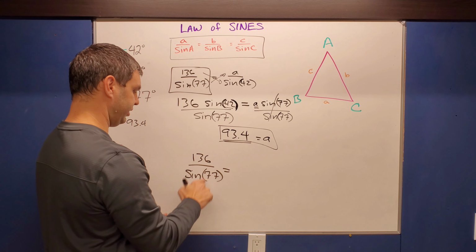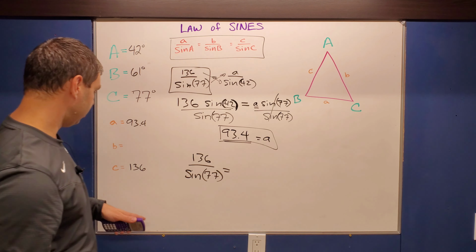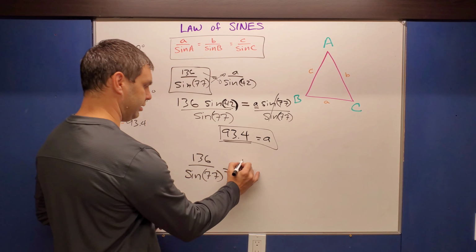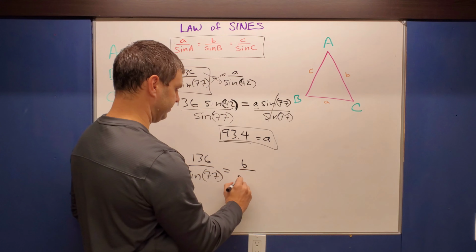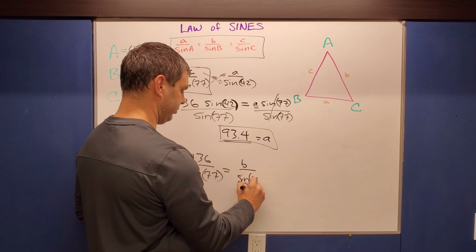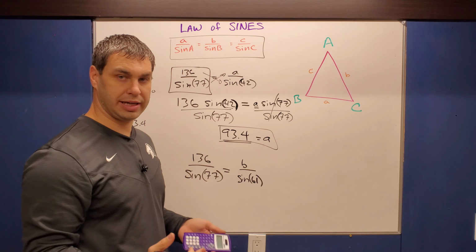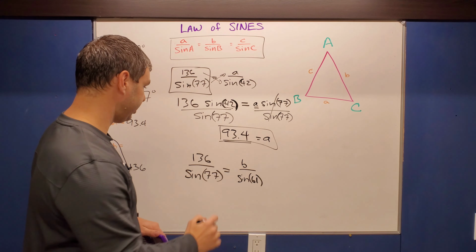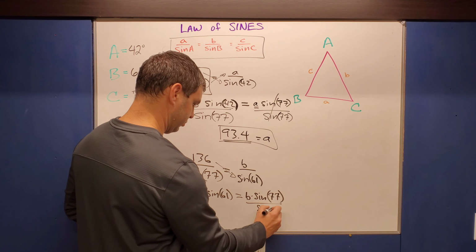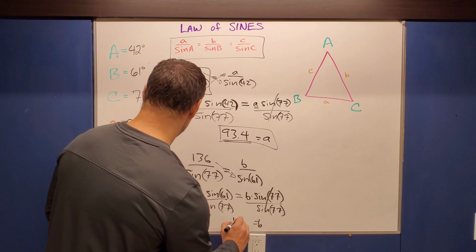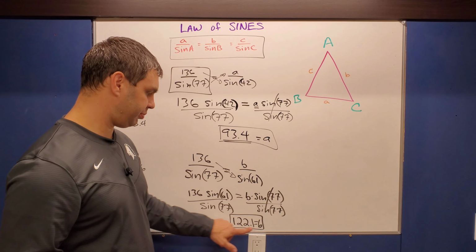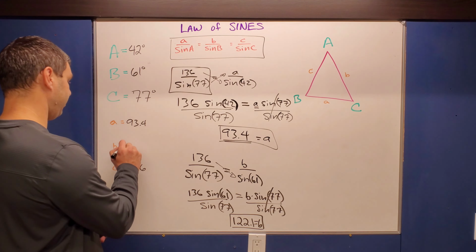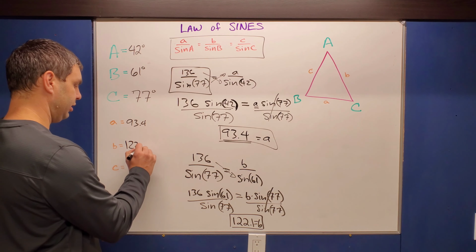Okay, that's little c over sine of big C, equals, and then I'm going to do little b, which I don't know, over sine of big B, which is sine of 61. Okay, and then we can just cross multiply and do the same math. I'll fast forward this part for you. Right, so after doing the math there, I think I get 122.1 for little b. So I'm going to write that in here, 122.1.